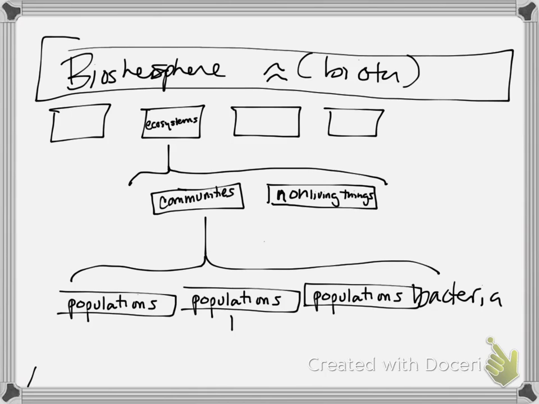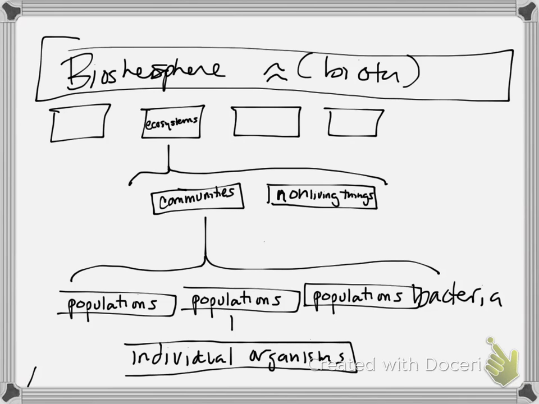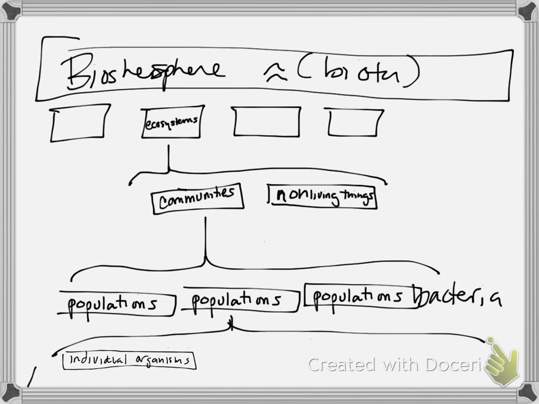Within a population, you have lots and lots of individual organisms. In some cases a population might be made up of 10 organisms.